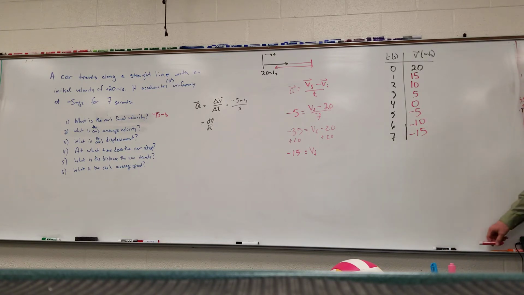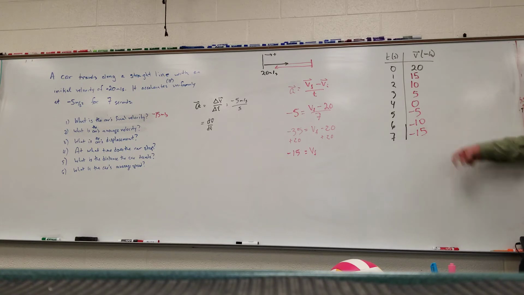All right, average velocity. What is the average velocity? Or how would you find average velocity? How do you average numbers? Well, I got a bunch of numbers right here.